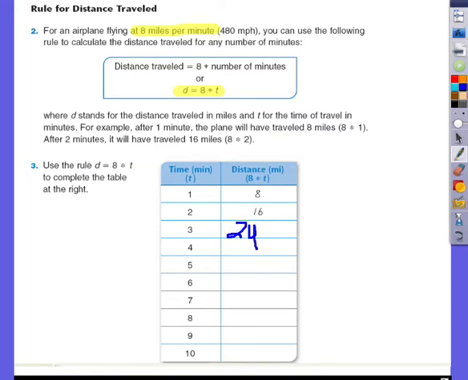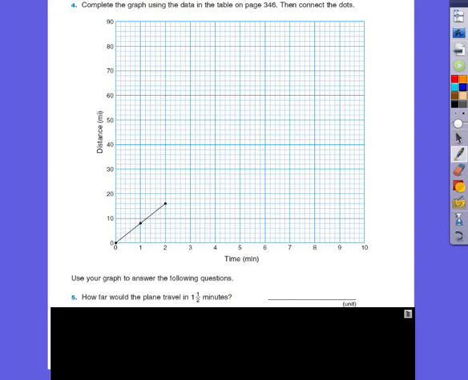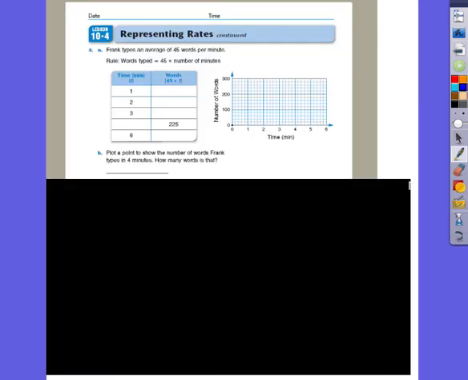The rest you can be doing in your math journal in tomorrow's lesson. Once you've finished getting all your input-output, you're going to be graphing your chart over time. So how far did they go as time went on? What did the distance do?